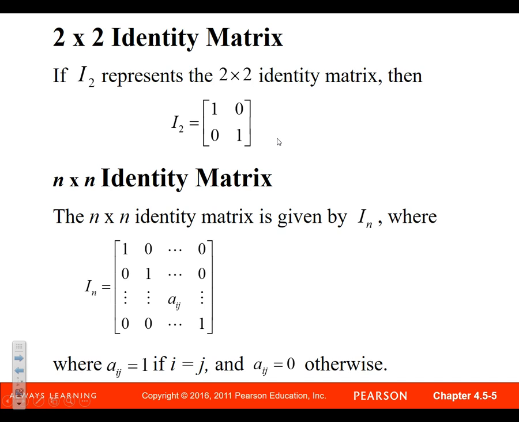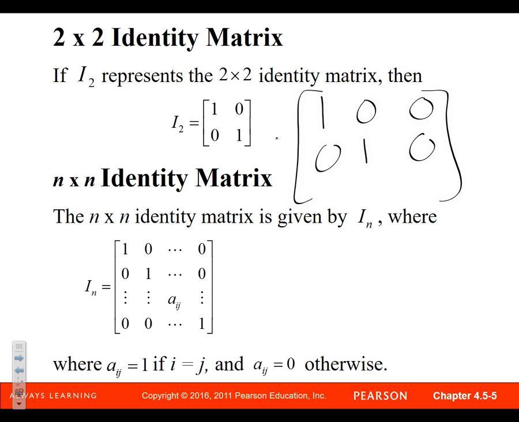If I want the identity matrix for a 3 by 3, it should start off with 1, 0, 0, 0, 1, 0, 0, 0, 1. That is the identity matrix for a 3 by 3. If it was a 4 by 4, then I would have 1, 0, 0, 0, 0, 1, 0, 0, 0, 0, 1, 0, 0, 0, 0, 1.